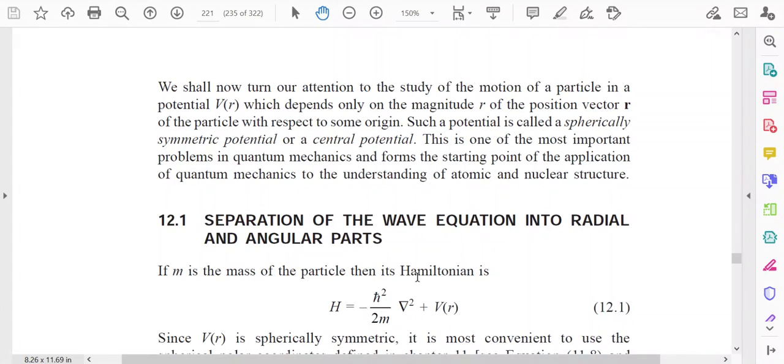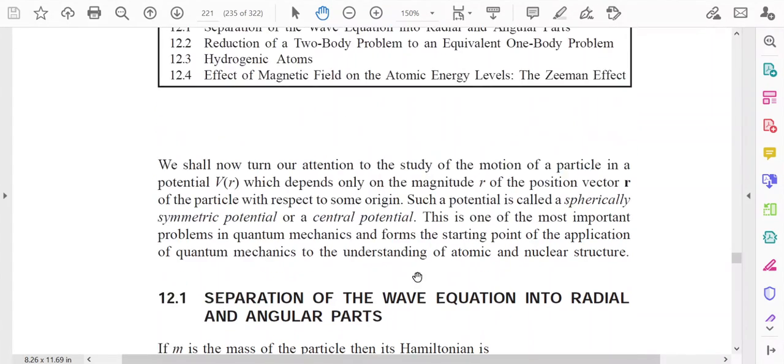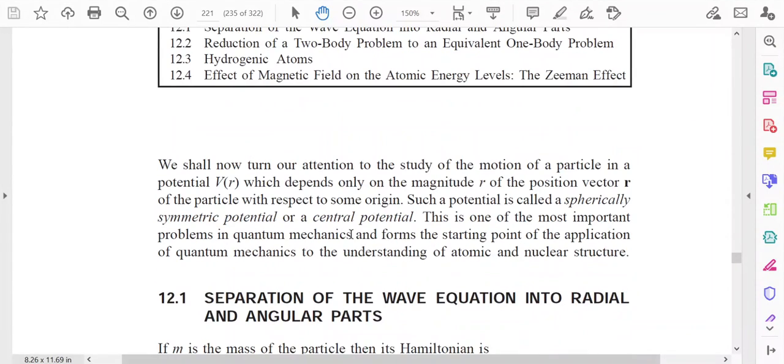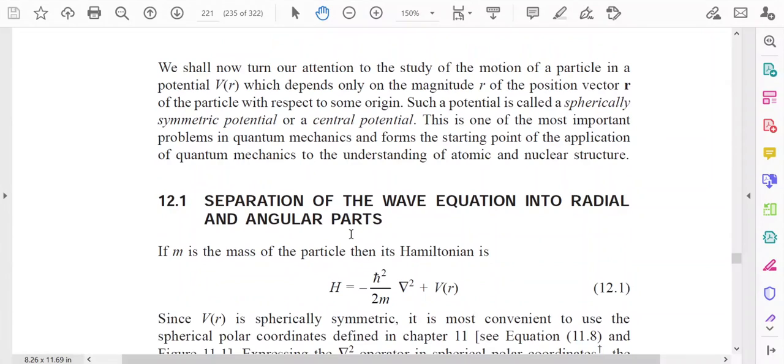In this lecture, we will discuss spherically symmetric potentials and hydrogenic atoms. In the previous lecture, we already discussed angular momentum, or orbital angular momentum, in quantum mechanics.